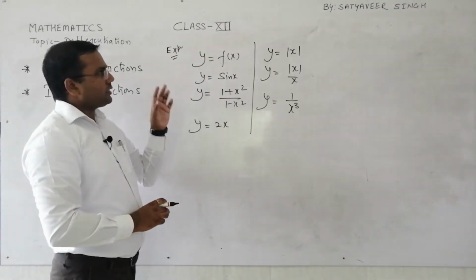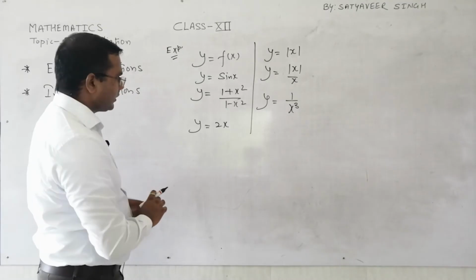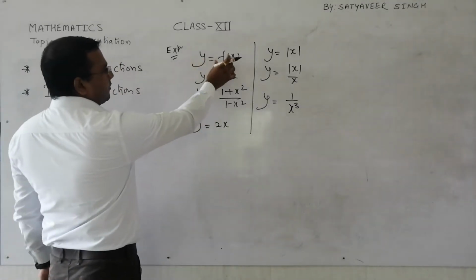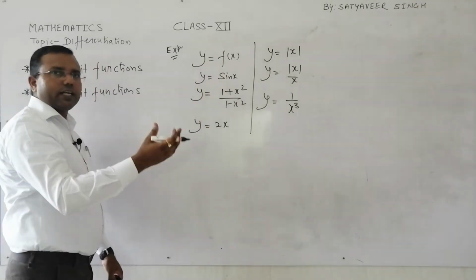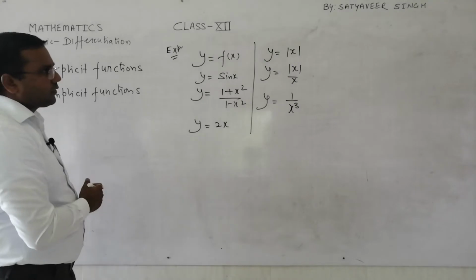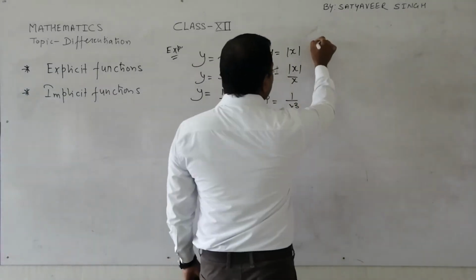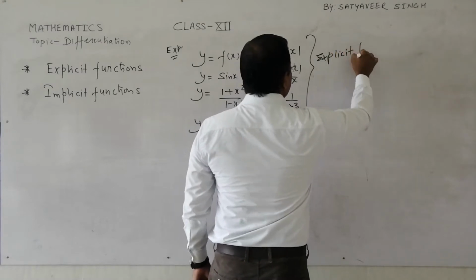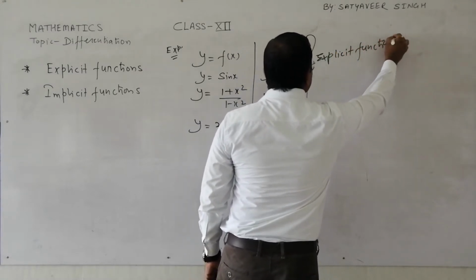So these functions are called explicit functions. I hope you understand the definition: where the function of y can be expressed directly with the help of the independent variable, those functions are called explicit functions.